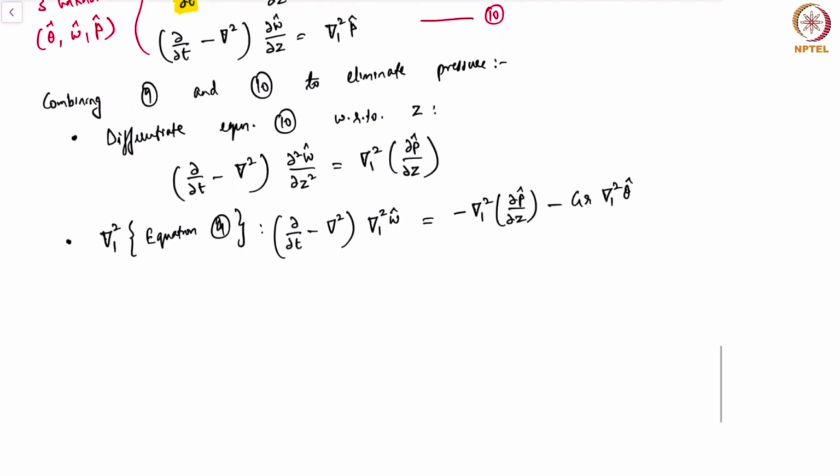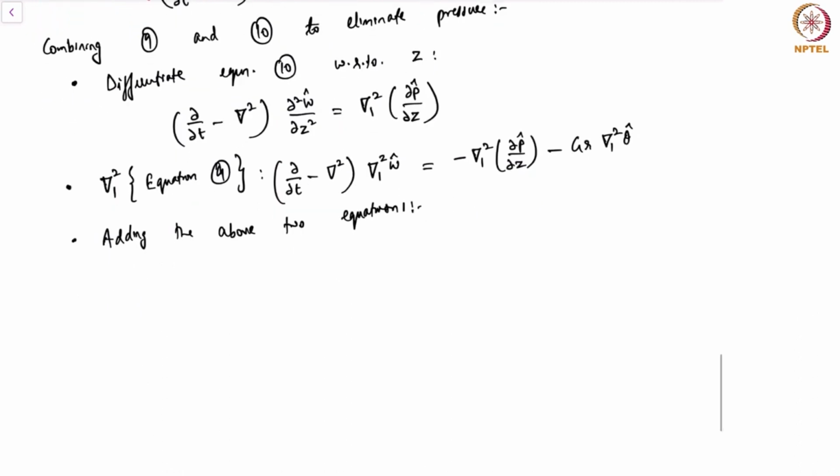Now I have got two equations. Because the pressure terms have opposite sign, I can add these two equations. If I add the above two equations, what I have now is del by del t minus del square.